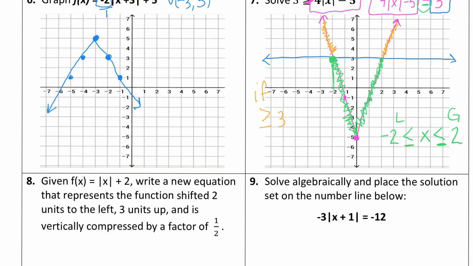And so what you would want to do is say it's a separate inequality. It's all of the x values that are less than or equal to -2, or it's all the x values greater than or equal to 2. Okay, and this was in my video that you were supposed to watch before we did the inequality lesson.